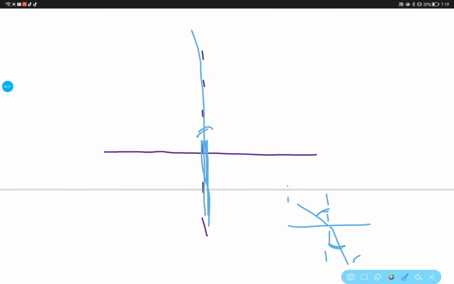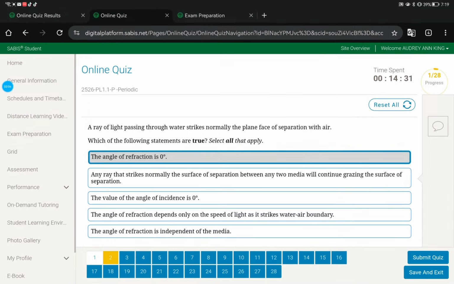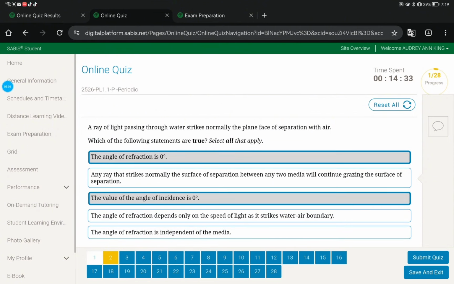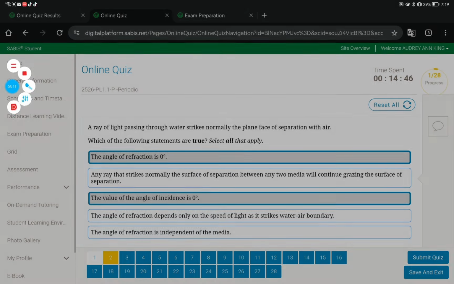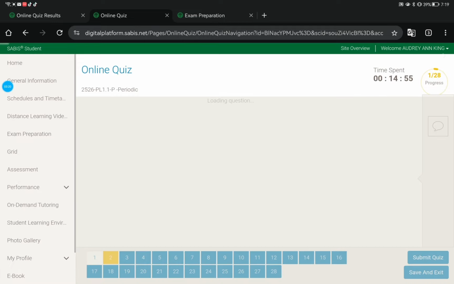In the diagram I just drew there's nothing to measure, meaning the angle of refraction and the angle of incidence are 0, because there is nothing to measure from the normal, and because it's going straight through without refracting, it's independent of the media.